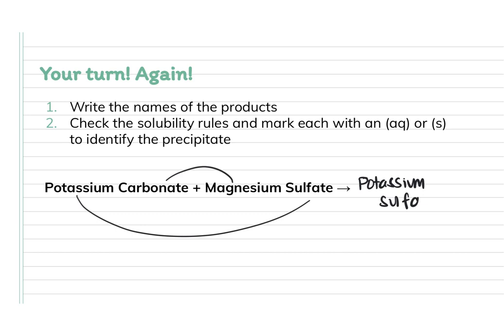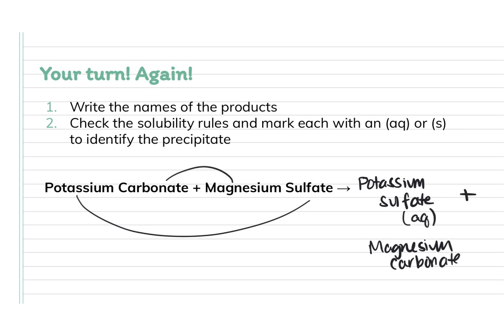Potassium sulfate plus magnesium carbonate. And if we look at the states of matter here, if I look for the rules for the potassium sulfate, all sulfates are soluble except barium, strontium, lead, calcium, and silver. This is not one of those, so it's aqueous.